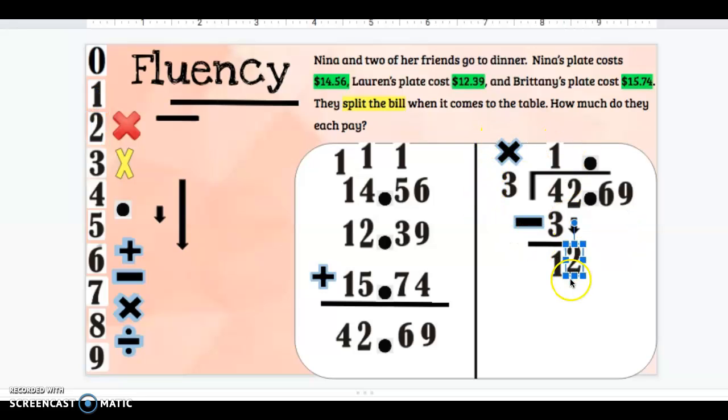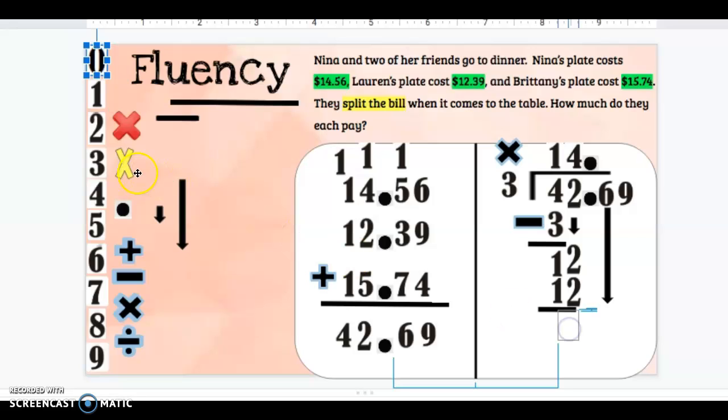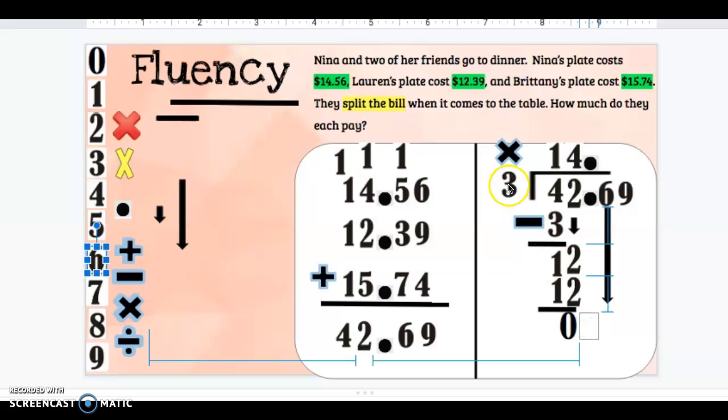3 times what gets you close to 12, which is 4. 4 times 3 is 12, so put my 12. And I bring down my 6, because I've subtracted 12 minus 12, which was 0. And I have a 6, because I brought that down. 3 times what gives you 6?